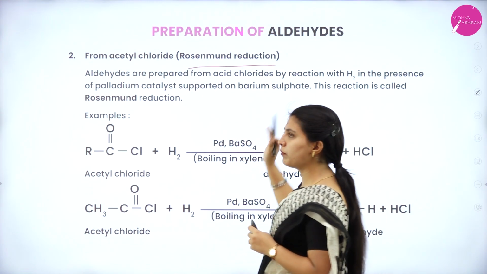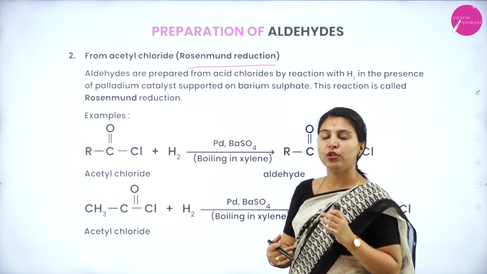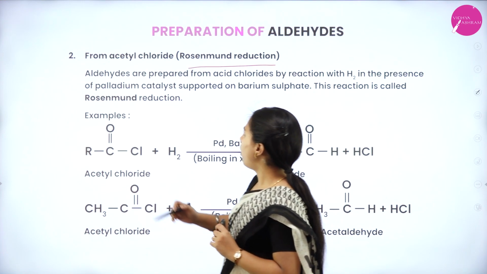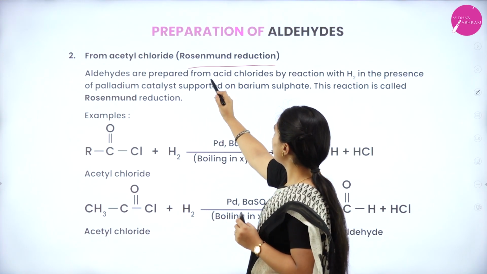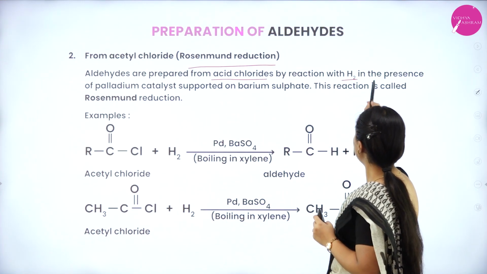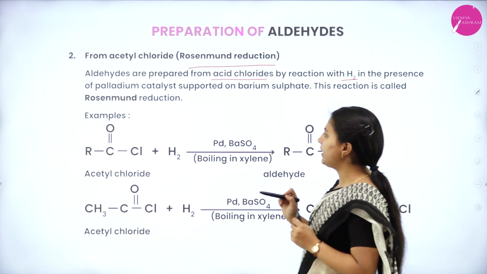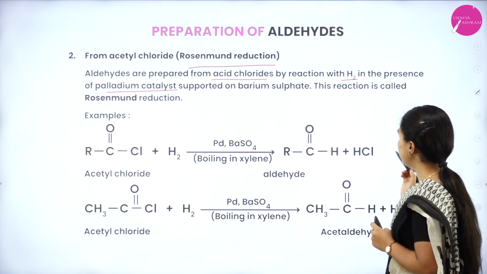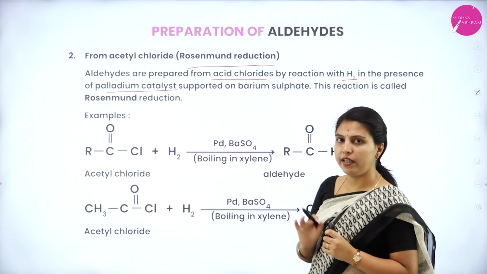All the reductions I am going to explain, from Stephen reduction onward, are named reactions and they are very much useful. Aldehydes are prepared from acid chlorides by reaction with hydrogen in the presence of palladium catalyst supported on barium sulfate. This reaction is called Rosenmund reduction.